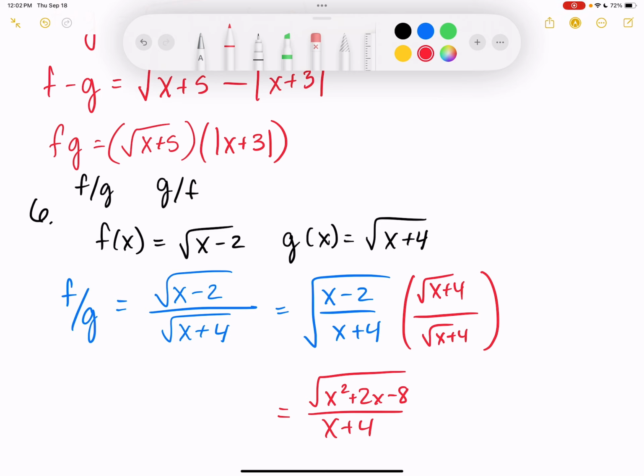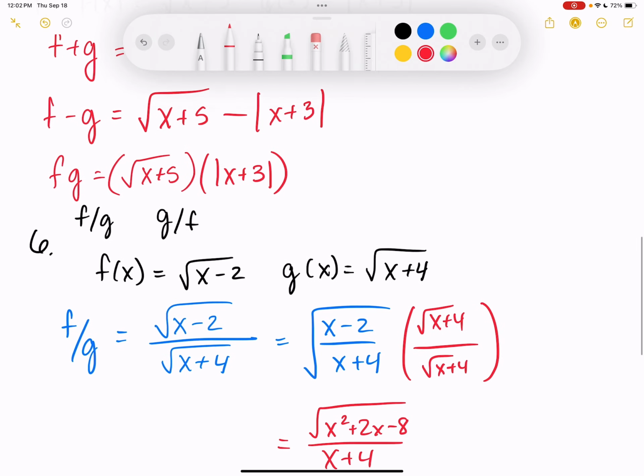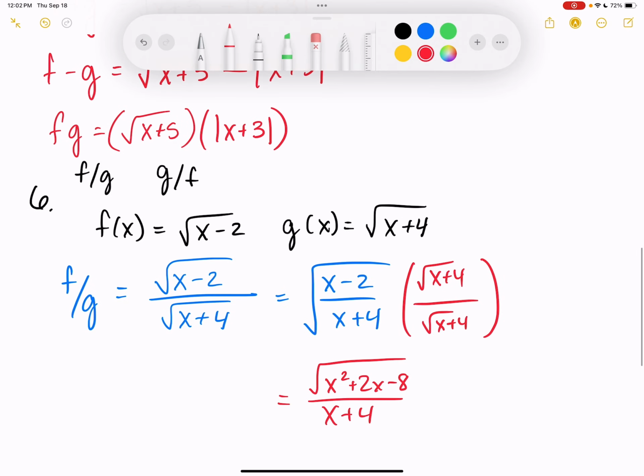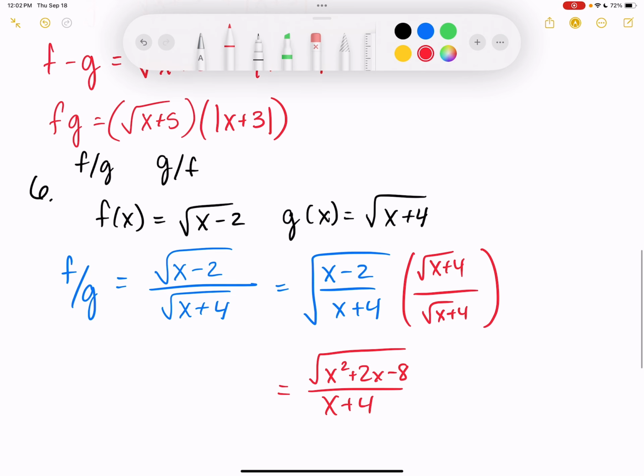So these problems also ask you to talk about the domain of each, which is way more relevant than the domain of these up here. But the domain just can't be what? The denominator can't be 0, right? And then I also have radicals. What can't be in a radical? Negative numbers. So I would have to figure out for each radical, I'd have to set the bottom one equal to 0 and solve.